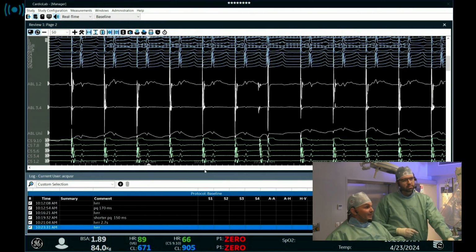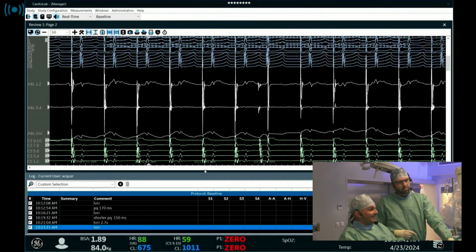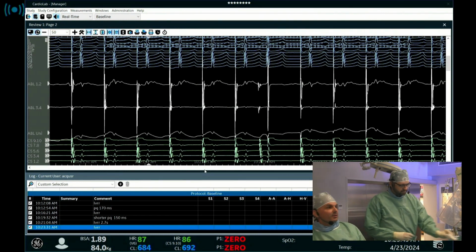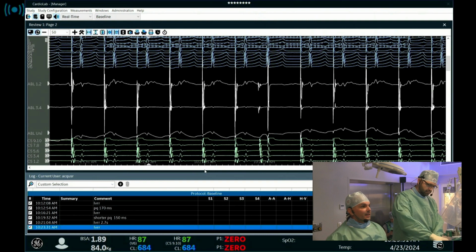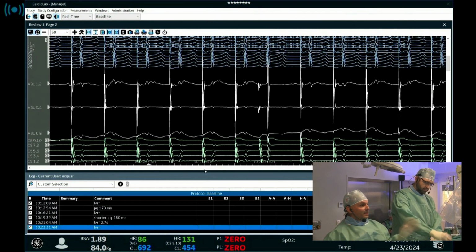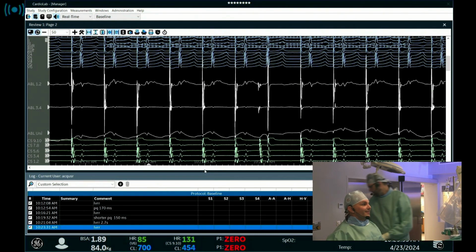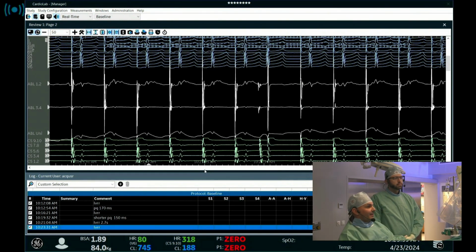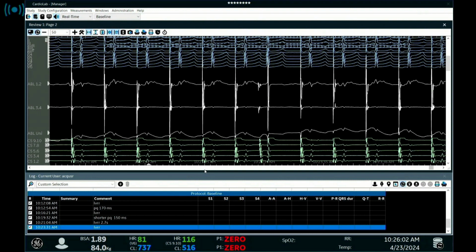Yeah, I think it's an excellent endpoint because we avoid sinus node denervation. The patient will not have a sinus tachycardia, and we tailored the procedure to the patient. So for me, it's an excellent result.